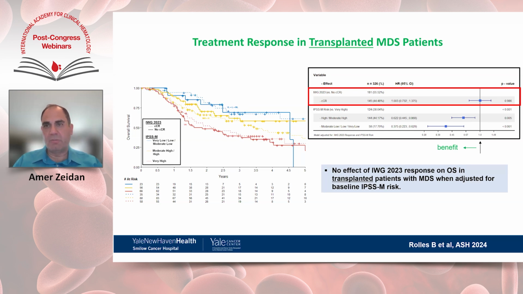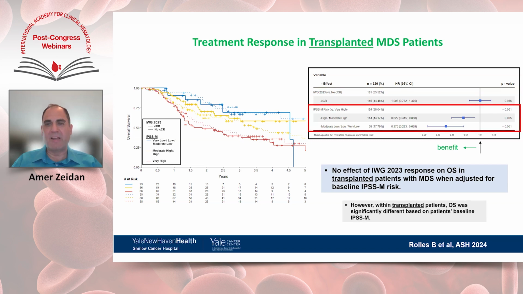And I don't think patients should be denied the opportunity, especially a younger patient who potentially can receive myeloablative conditioning. Of course, this is retrospective, not randomized, but I think, again, it adds to the literature that maybe a full response is not needed in a patient who's going to transplant.